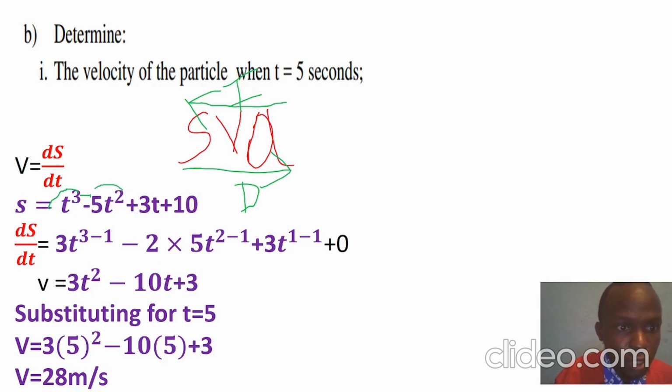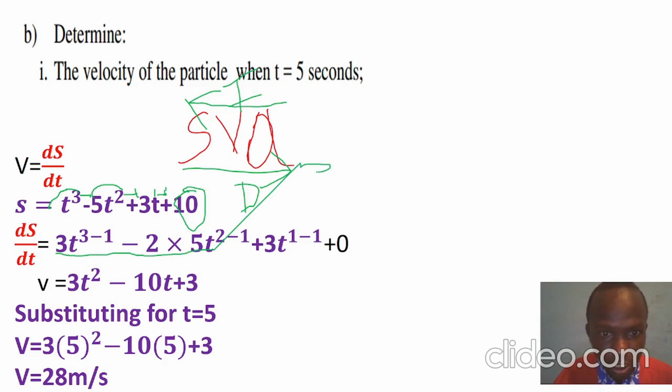You drop the 2 there, subtract 1 there. t is the same as t to the power 1, minus 1. And then you're not going to drop anything because 1 times 3 is just 3. And since 10 is a constant, the derivative is going to be 0, like you can see here. Look at how the differentiation has taken place.